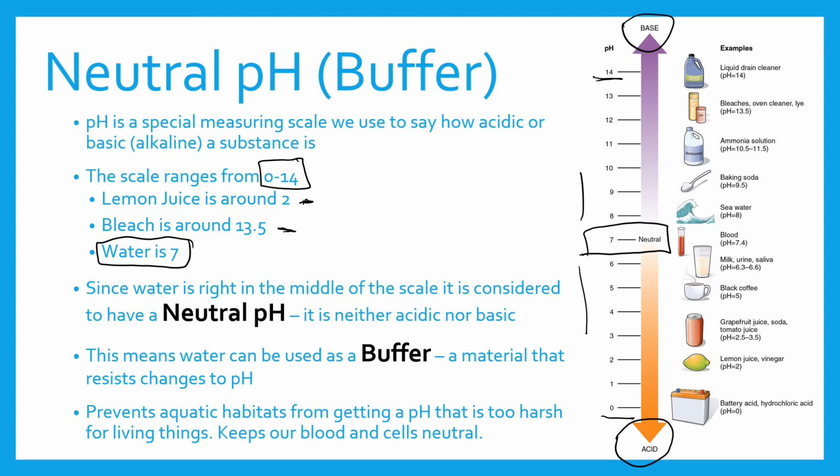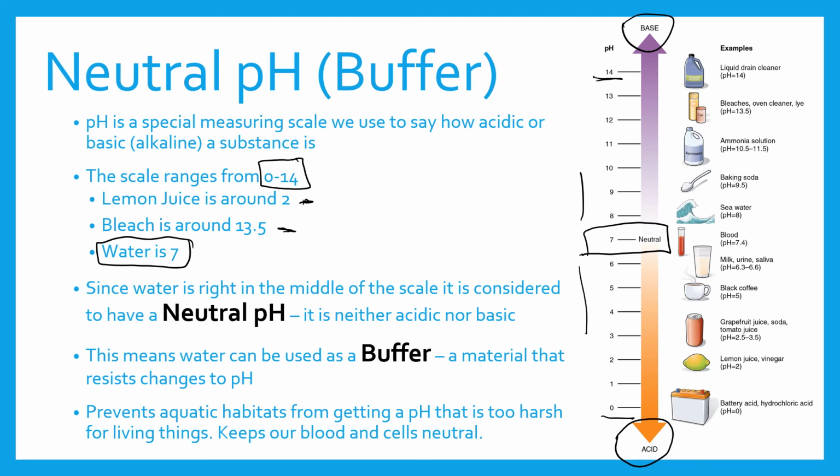And this gives water a very cool property: it can be used as a buffer. Now, a buffer is a material that can resist having its pH changed into something else. With water, you can have other substances in it, but the water's not going to really want to turn acidic or basic.